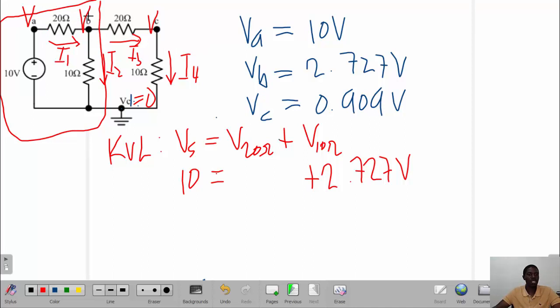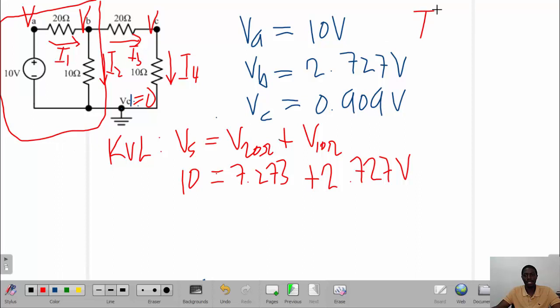So we can find it in two ways. We can subtract 2.727 from 10. Well, that is one way, which will give us 7.273. Or we can also get the value of the current.